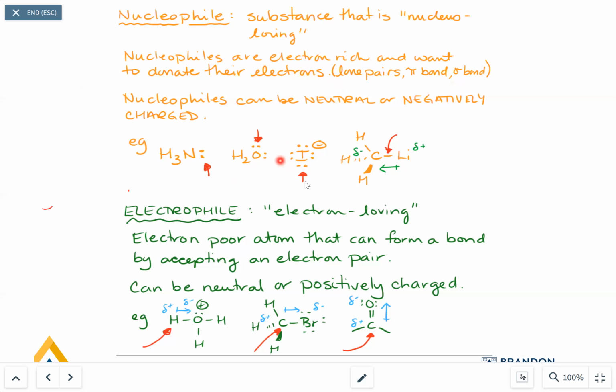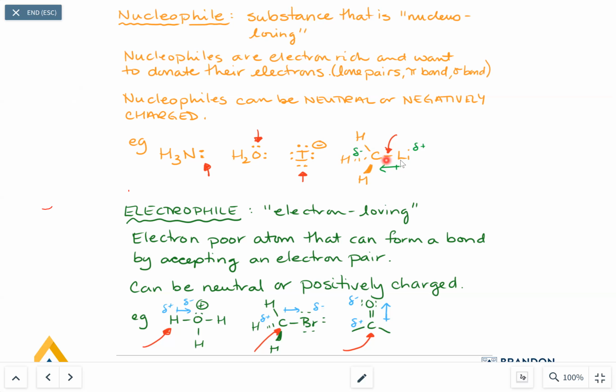Our friend iodide here has a negative charge. This is a pretty good nucleophile, a negatively charged nucleophile. And then here, overall it's neutral, methyl lithium. But this sigma bond belongs to the carbon.